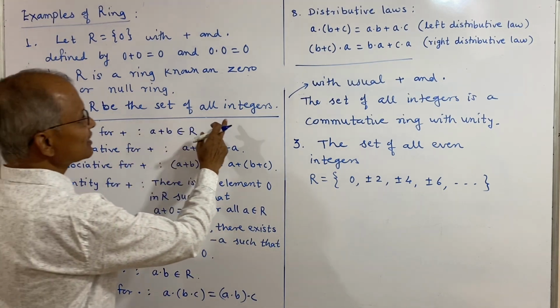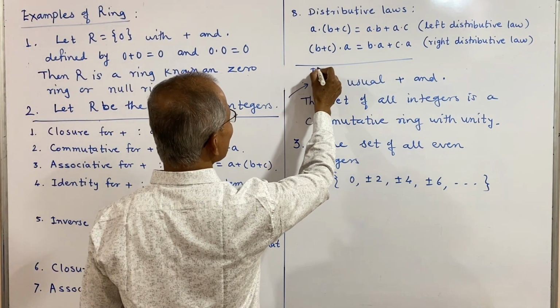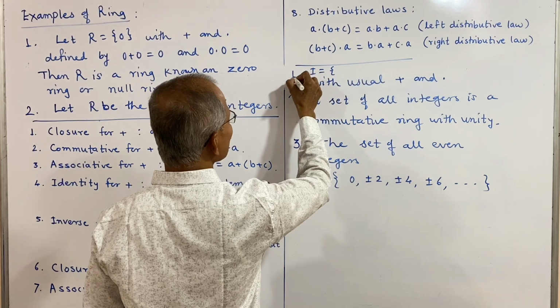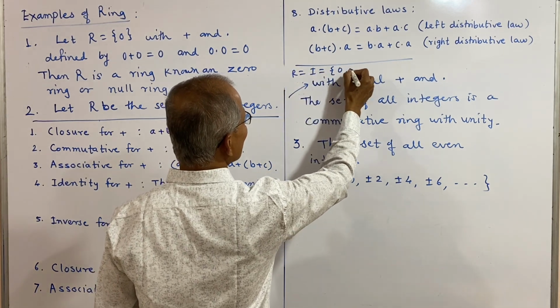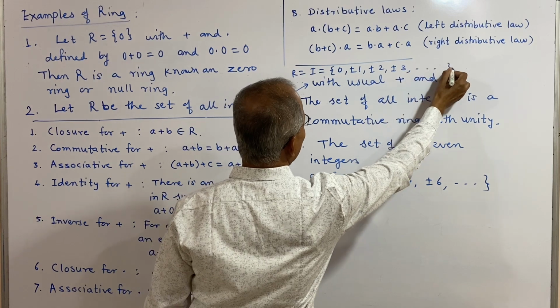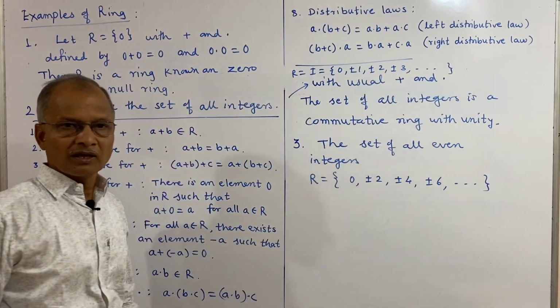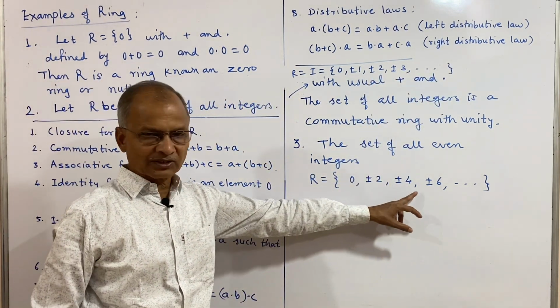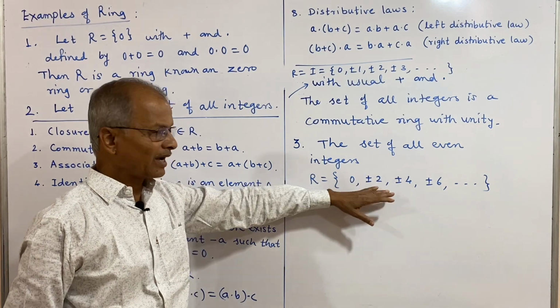The set of all integers we may denote by I or R, which is 0, plus minus 1, plus minus 2, plus minus 3, etc. All integers, and even integers are 0, plus minus 2, etc., that is, divisible by 2.